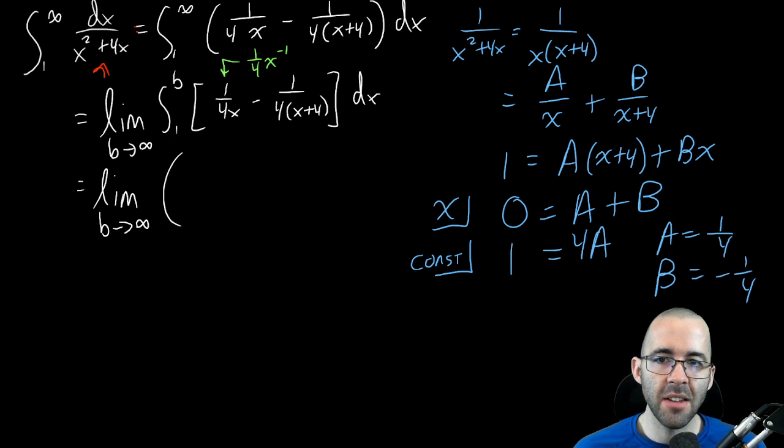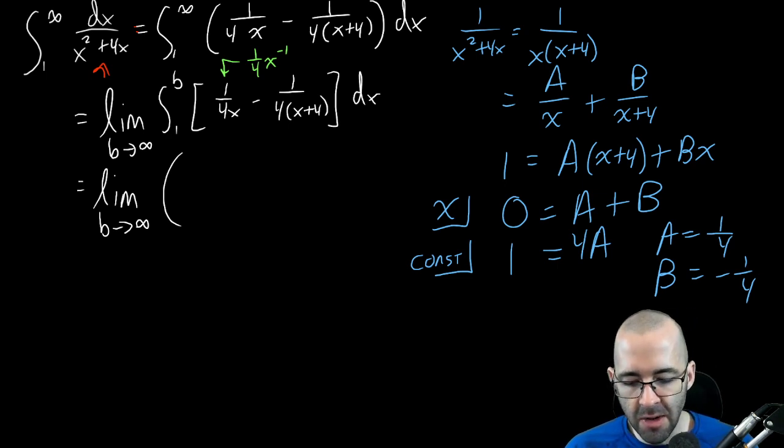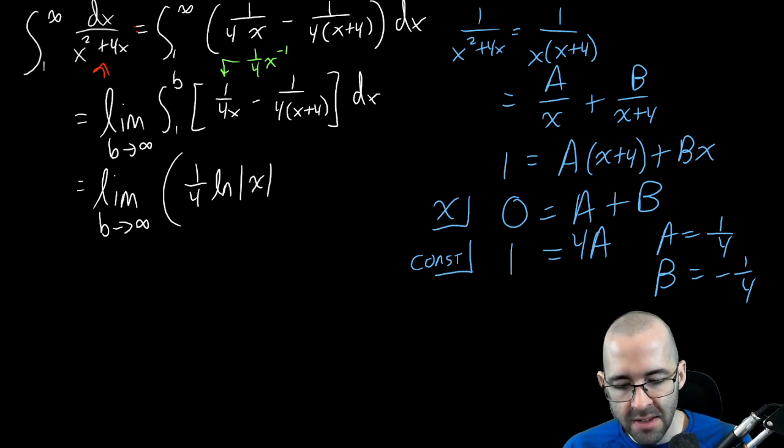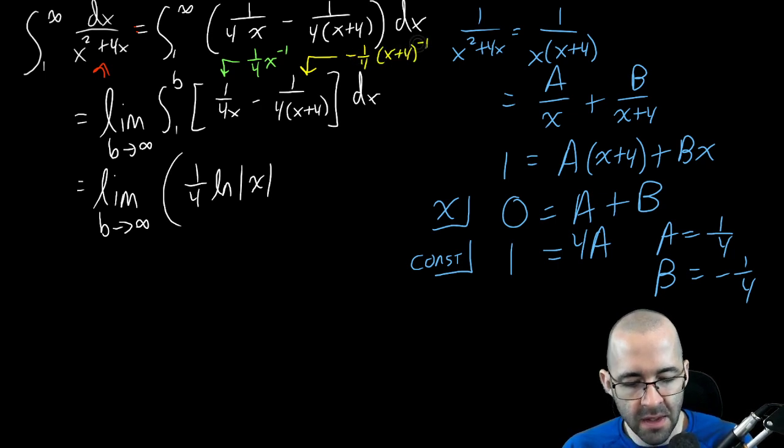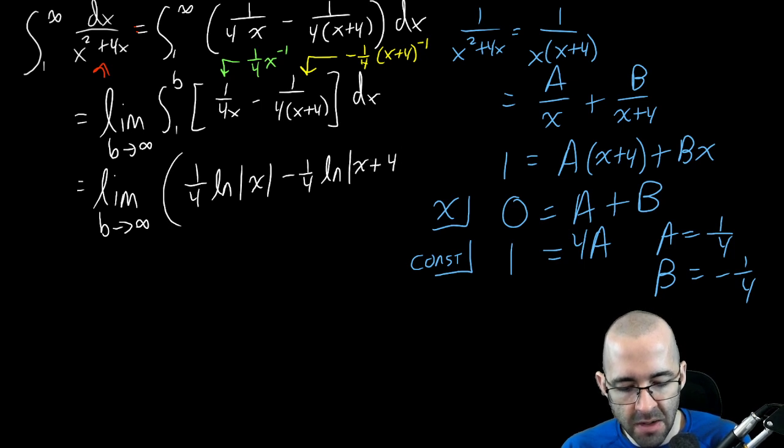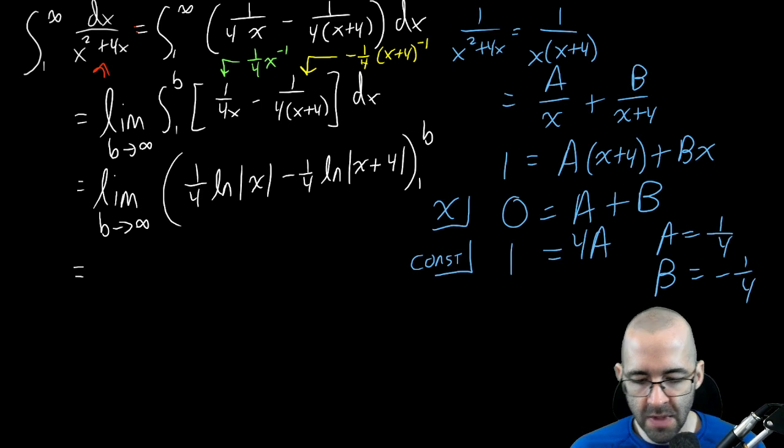There's a couple ways of writing this one, but its antiderivative will be 1/4 times the natural log of the absolute value of x. And the second one is -1/4 times x plus 4 to the -1. We can do a u substitution. But either way, we're going to get -1/4 natural log of the absolute value of x plus 4, evaluated from 1 to b. Uh-oh.